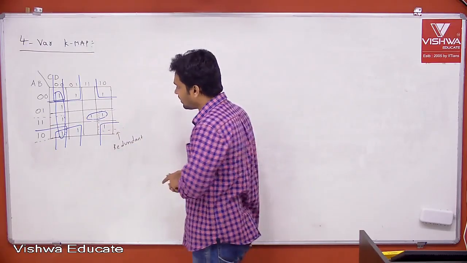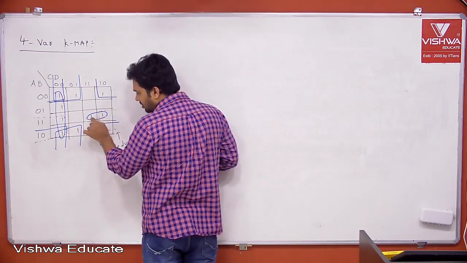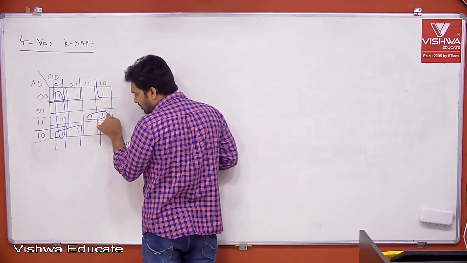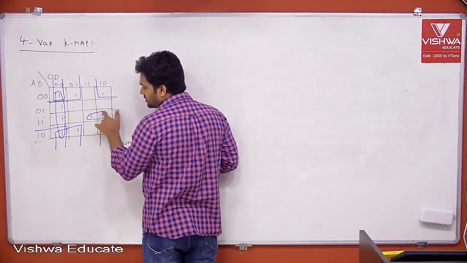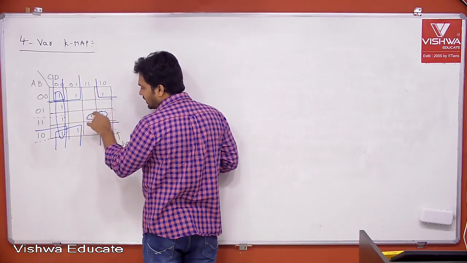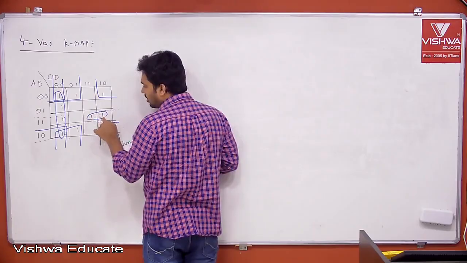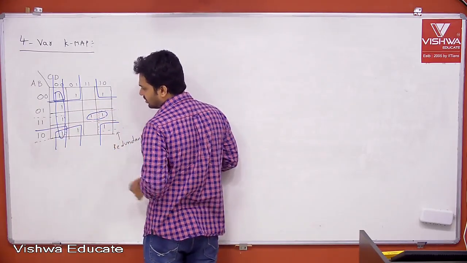Please observe here the difference. Even if you take the quad, because of covering this one, we should compulsorily take this pair. Yes or no? So definitely, whether you take the quad or not, you are already taking this pair. Once you have taken the pair, all the ones of this quad are already covered. So it will become redundant.